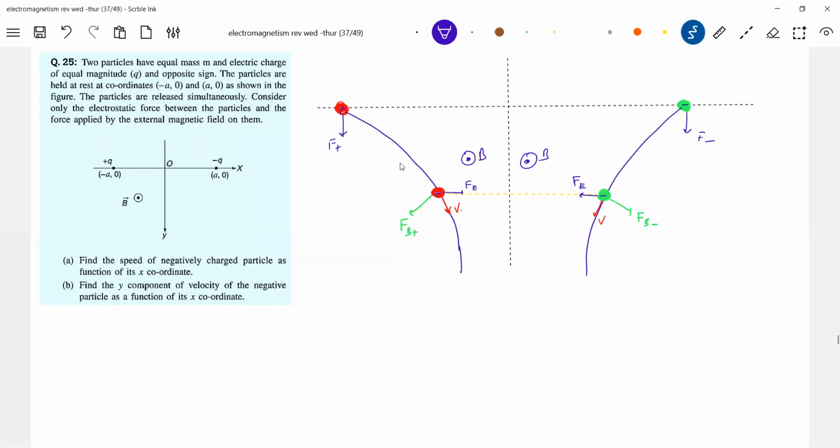Find the speed of the negatively charged particle as a function of its x coordinate. Initially, what was the separation? It was equal to A. Its x coordinate is asked, so this will cover a distance x, and this will also cover a distance x.